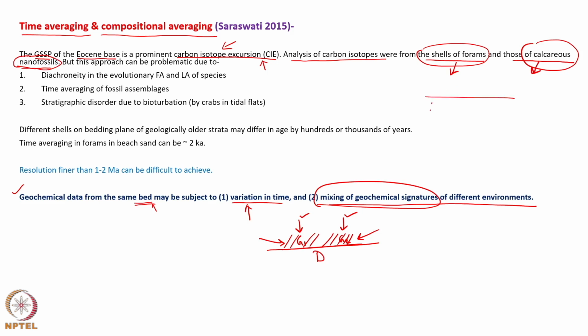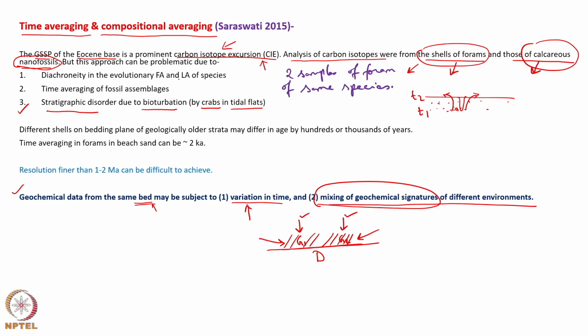Secondly, consider this is a soft sandy bottom and a burrowing organism starts digging and then throwing these materials up on the surface. So, materials of two time horizons T1 and T2 get mixed up. This is what is meant by stratigraphic disorder due to bioturbation. The common example is crabs and where they act in the tidal flats. Consider we are taking two samples of foram of the same species. It may be possible that the first appearance and the last appearance are diachronous even in this case.